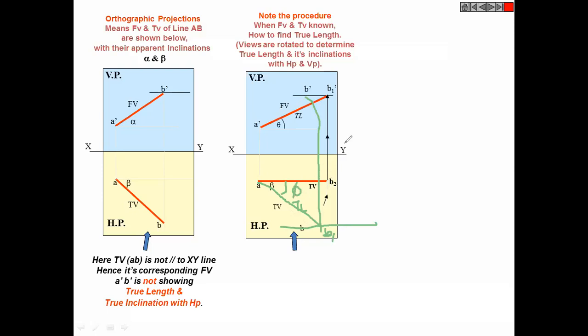Got it? The same procedure we used to bring this line, we can do from top to bottom also. Getting any doubt up to this?